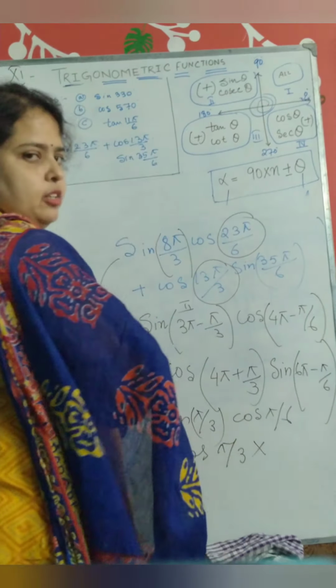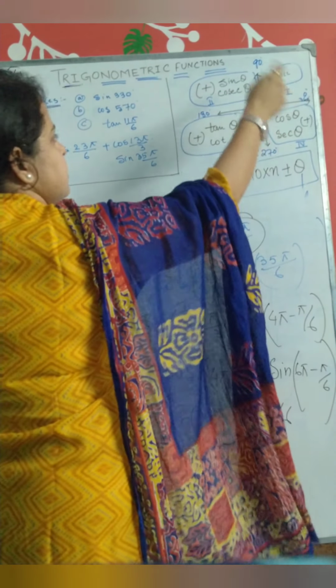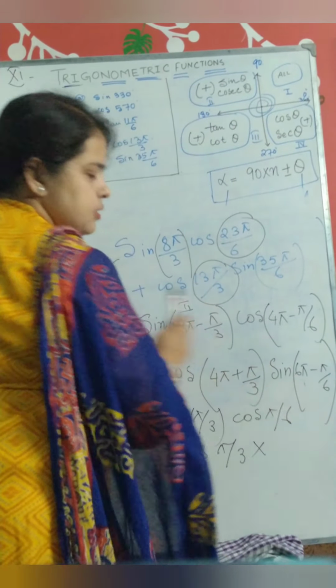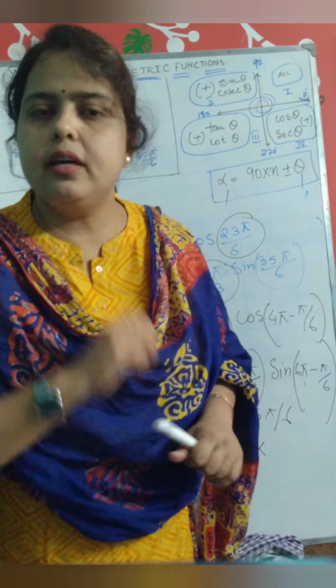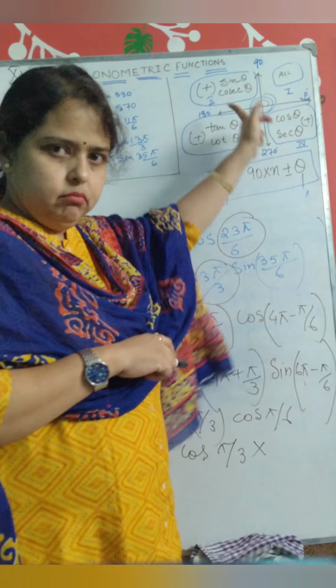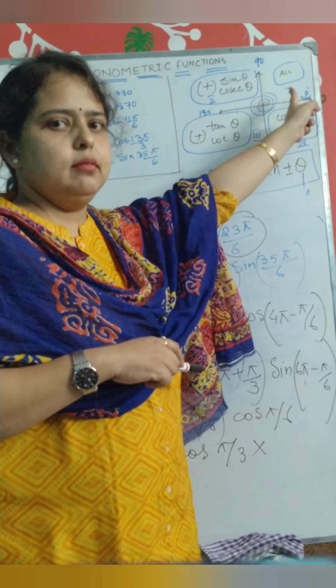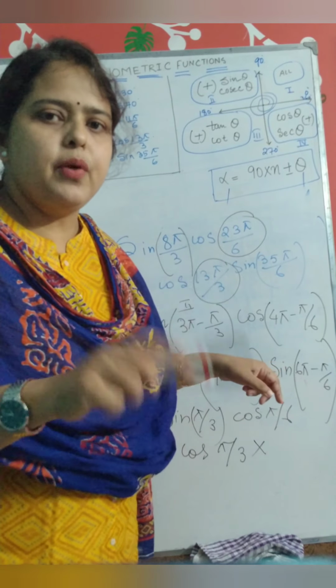The last but not the least, 6 pi. 6 pi means how many complete rotations? 3. Why? 2 pi, 2 pi, 2 pi, then 2 pi minus pi by 6.